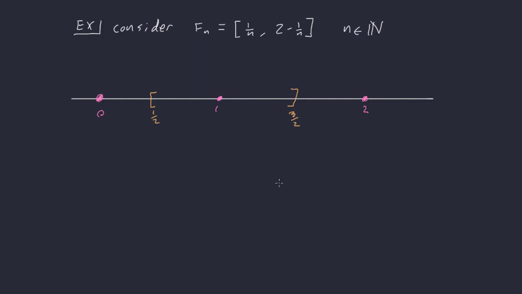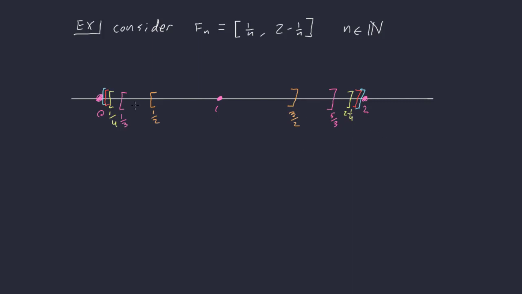Then the next set is going to be 1/3 and 2 minus 1/3, so that would be 5/3. Then the next one will go from 1/4 to 2 minus 1/4. Then 1/5, 2 minus 1/5, 1/6, 2 minus 1/6, etc.